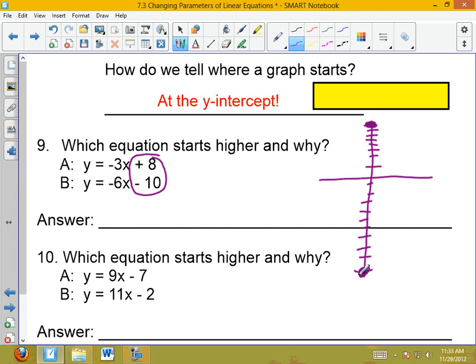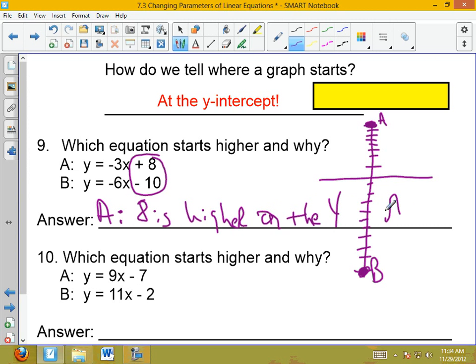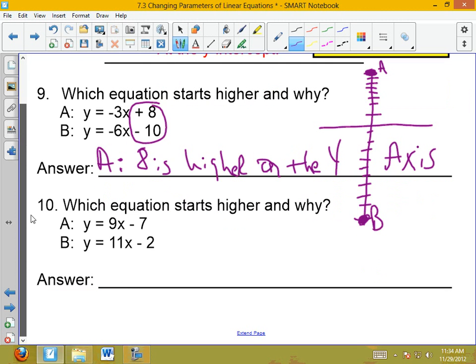Negative 10 starts here. This is B. This is A. Which one starts higher? Well, A does. Why? Well, 8 is higher on the y-axis. So that's why A starts higher.